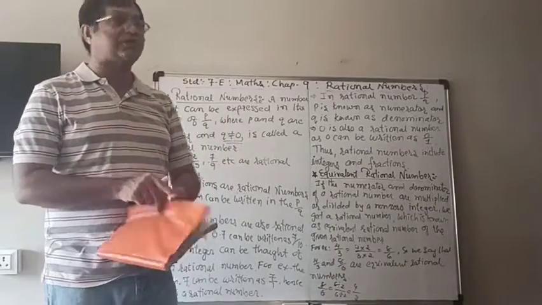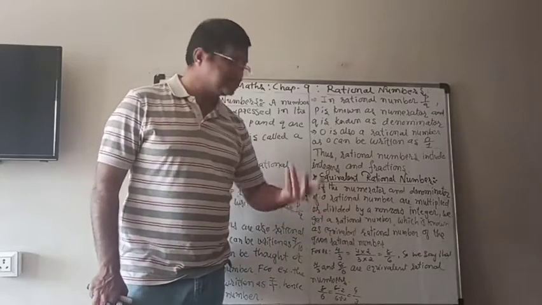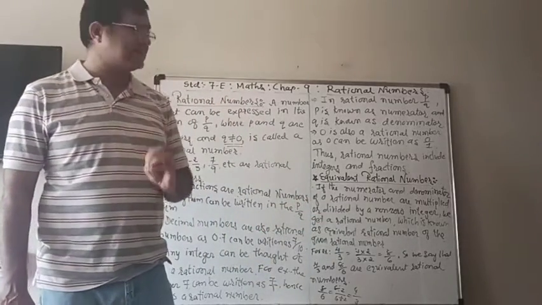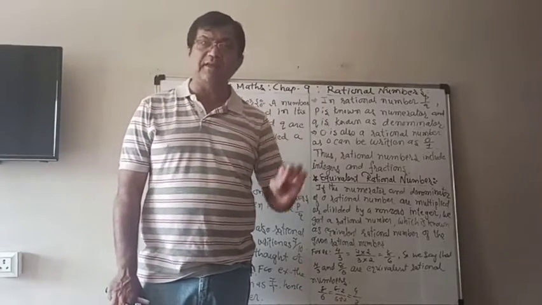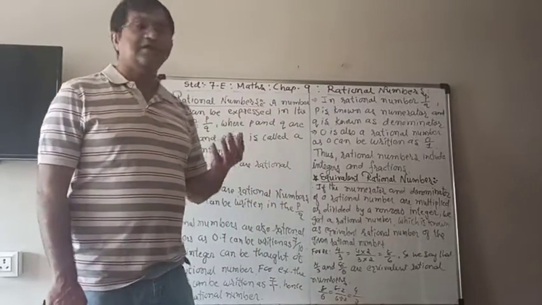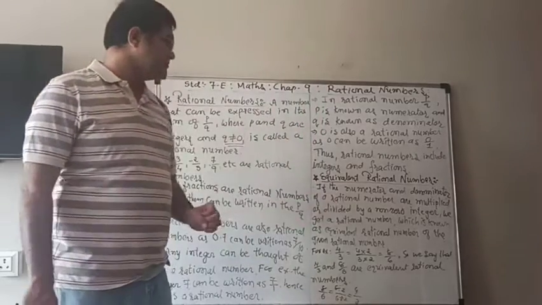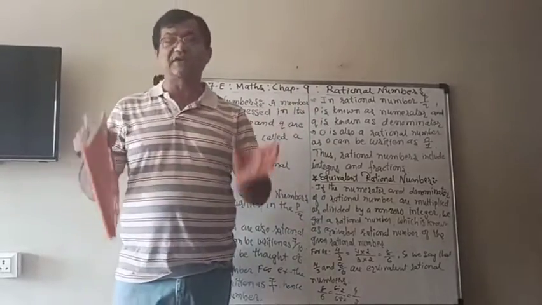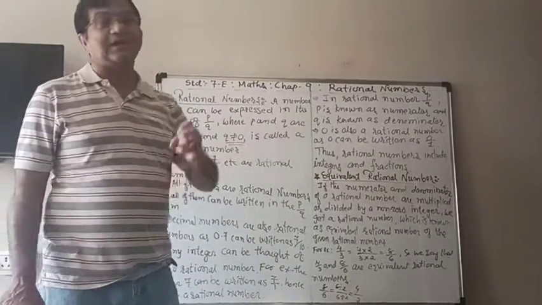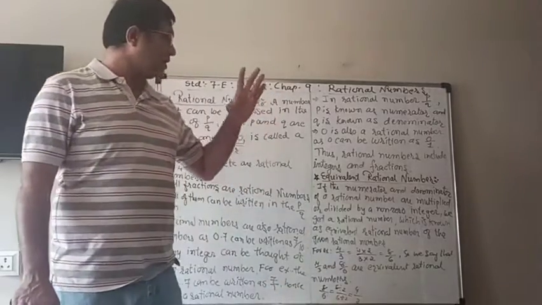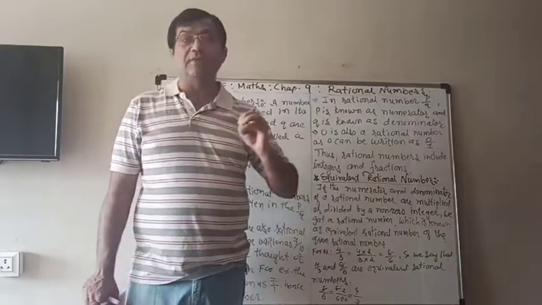When we find rational numbers equivalent to a given rational number, if you multiply the numerator and denominator, it should be the same number, and if you divide, it is also the same number. Then when you get both answers, they are known as equivalent rational numbers. I hope the idea of equivalent rational numbers is clear in your mind.